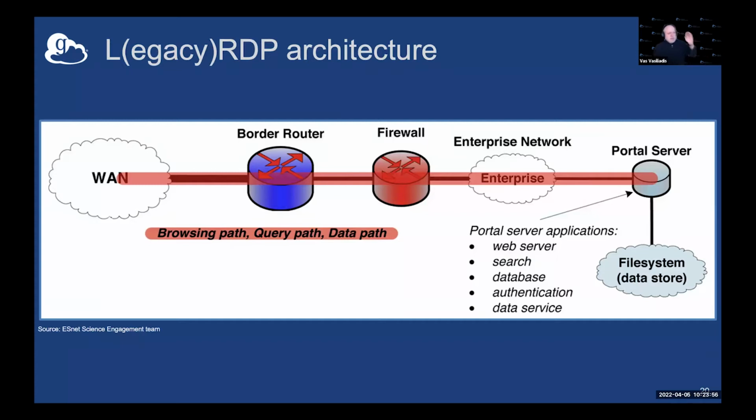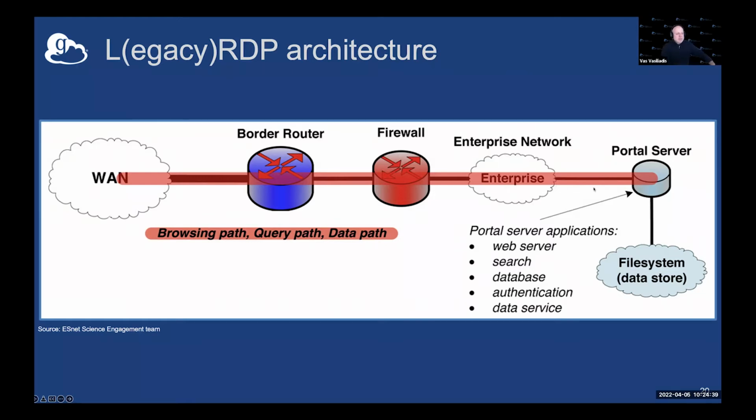And the legacy architecture typically looks something like this. You've got your portal, as well as all your data. Everything is kind of munched together and sits here on the bottom right behind enterprise firewalls. This red path has stateful packet inspection in the mix, and is typically carrying all sorts of traffic, from phone and email and who knows what else, to streaming video for all the students on campus.